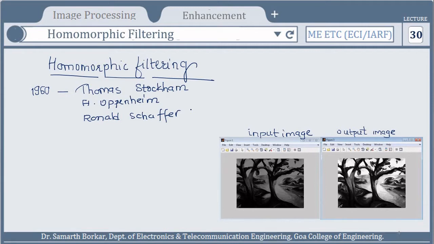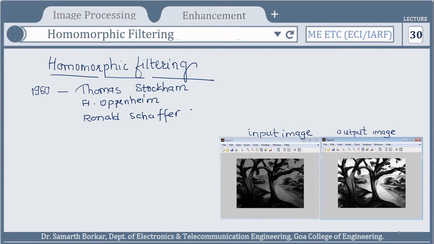It is inherently used for image enhancement. It simultaneously normalizes the brightness across the image and increases the contrast. It is also used to remove multiplicative noise. Illumination and reflectance, which we are going to study in detail in the next few slides, are not separable, but their approximate locations in the frequency domain may be located, because illumination and reflectance are associated with low frequency coefficients and high frequency coefficients.